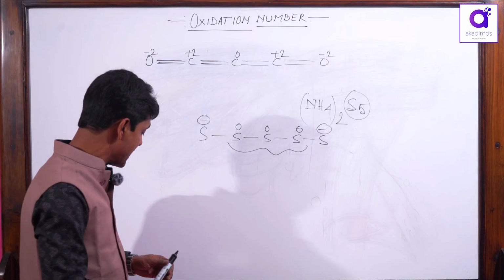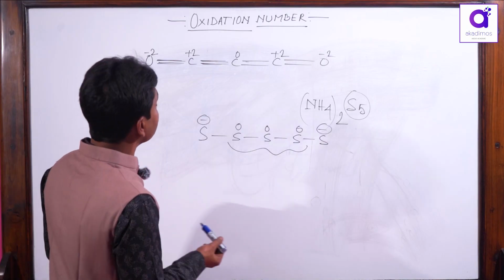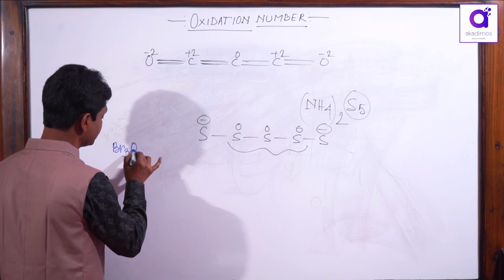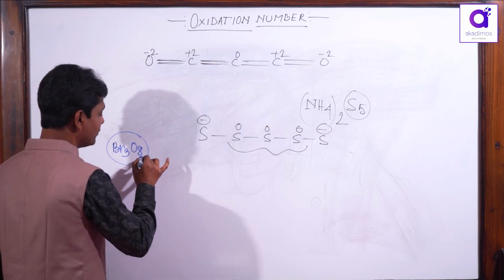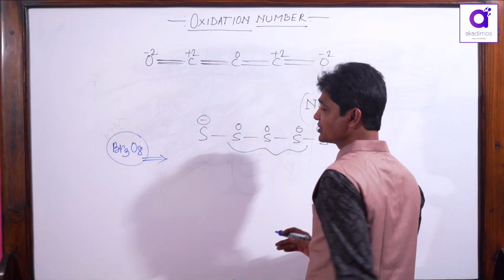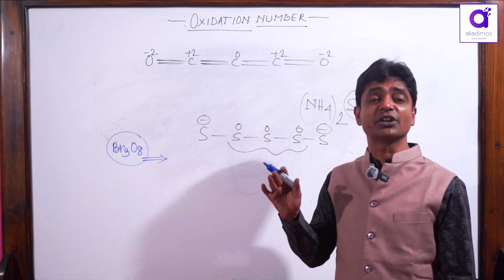Remember this. And you know Br3O8, a molecule Br3O8. From the formula you will get the average oxidation number of bromine, but the individual oxidation number of bromine we get only from the structure.